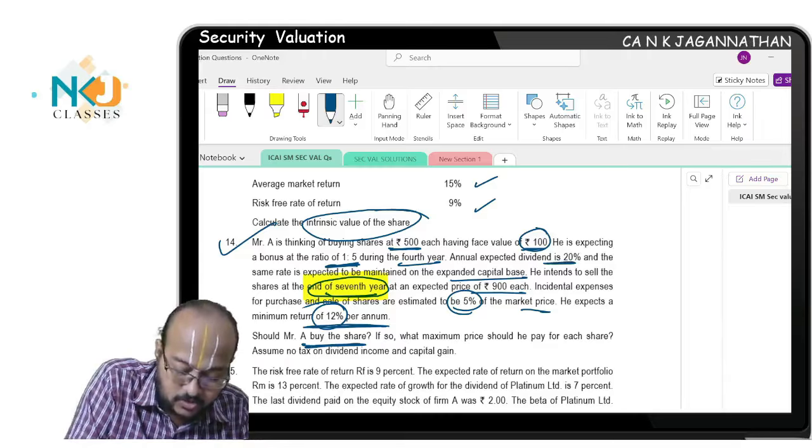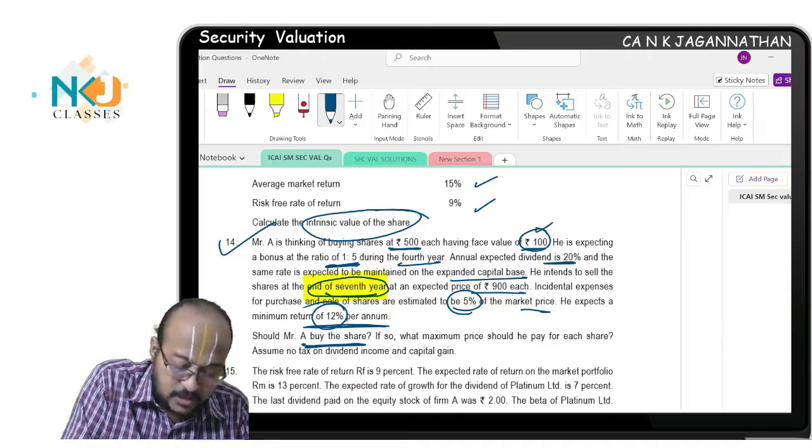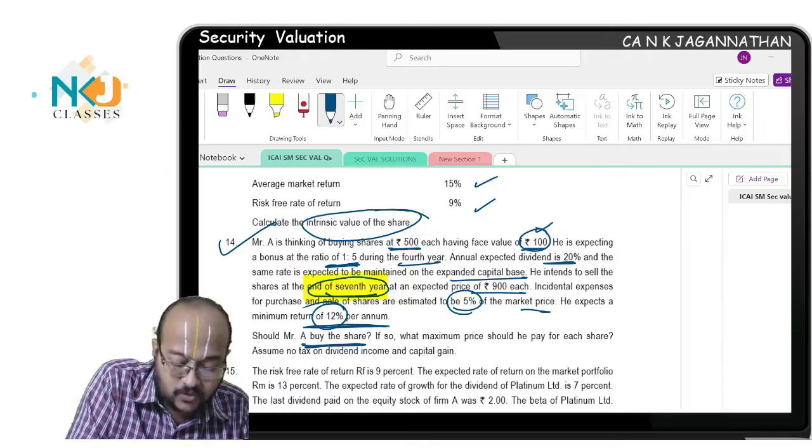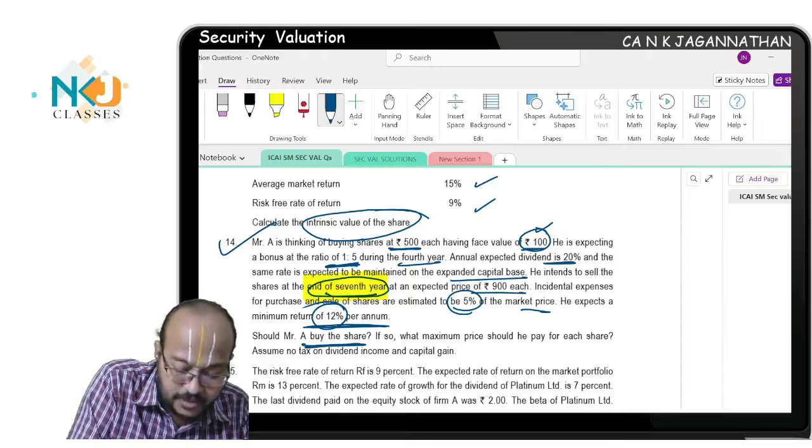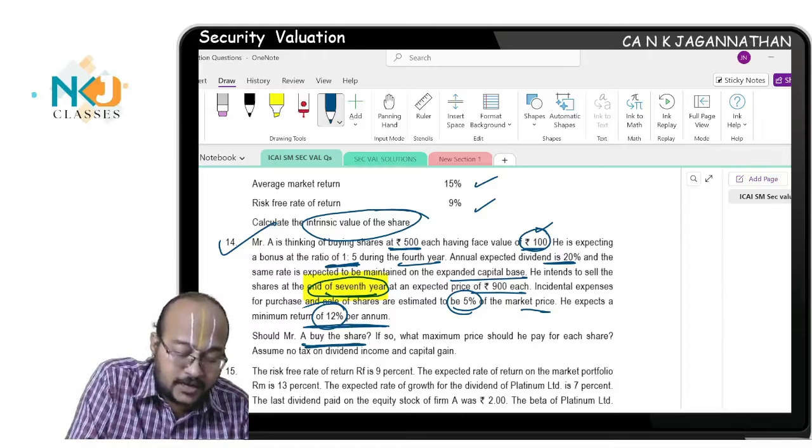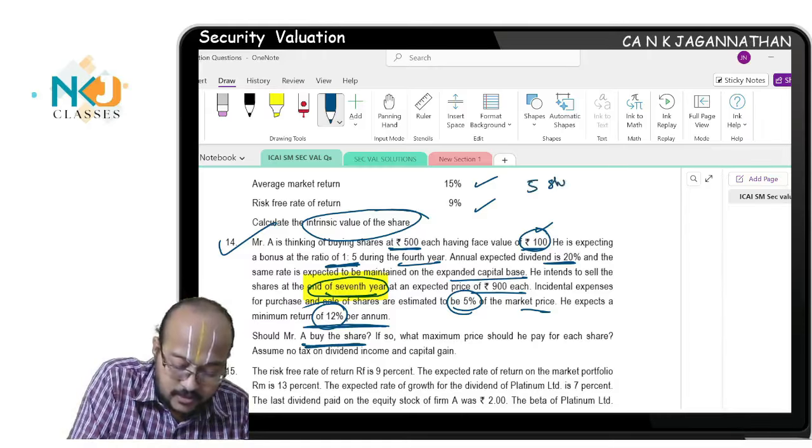Now, what happens due to the bonus issue? Face value is 100. You tell me, for every 5 shares, you are receiving a dividend of how much? 1:5. Currently you are holding 5 shares. Assume the dividend is 20 rupees.